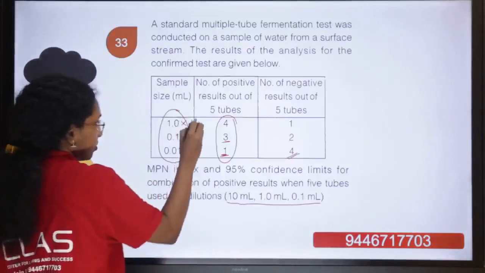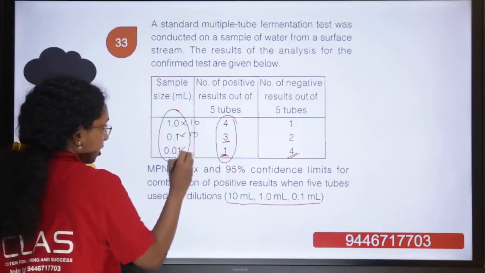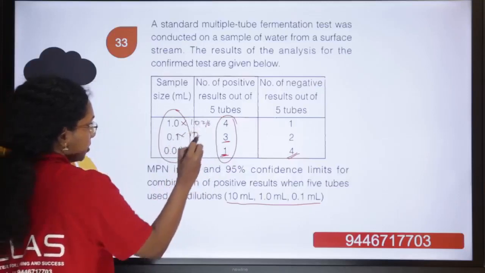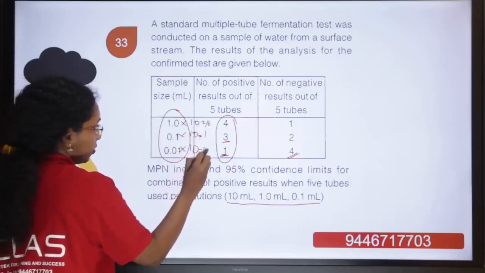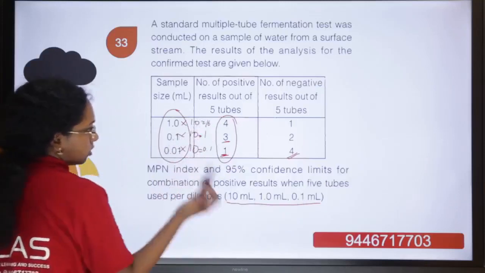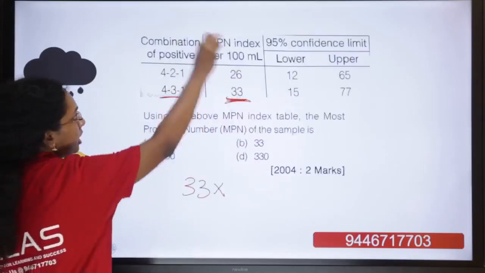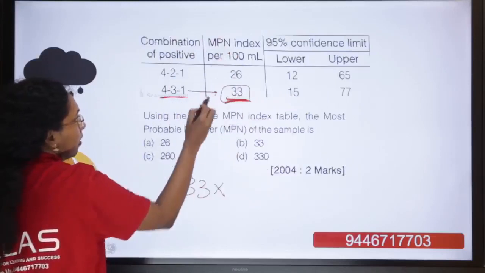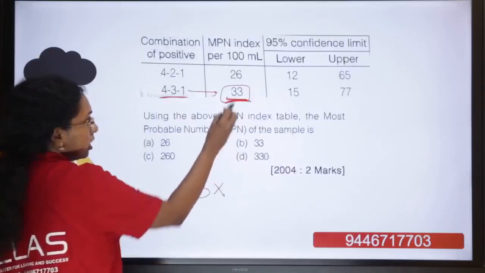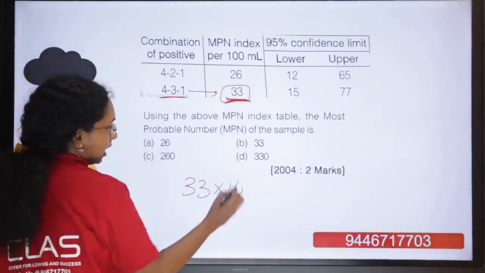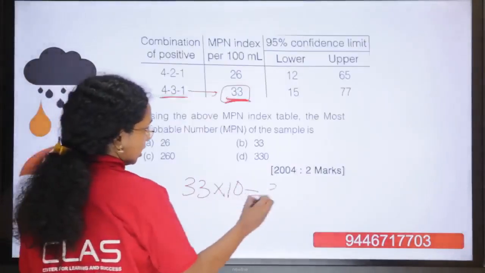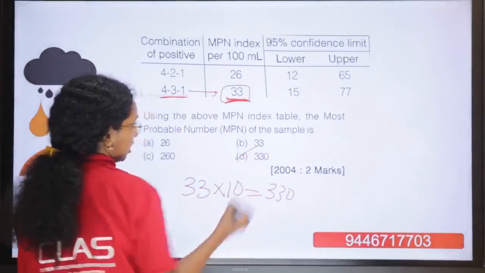If we multiply by 10, it corresponds to that table, where this becomes 10, this becomes 1 and this becomes 0.1. So to get the correct value, the value we obtained for the 431 result is multiplied by 10, and we get 330, which is the answer.